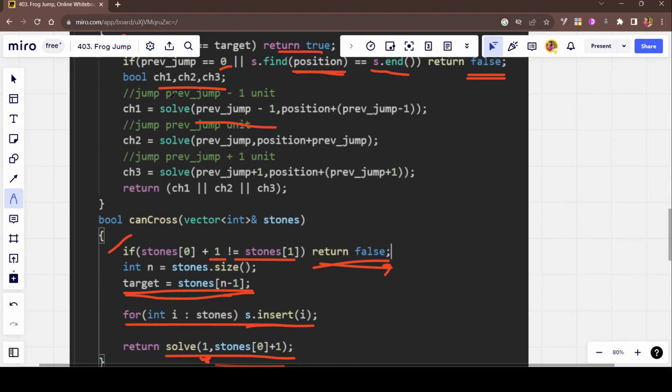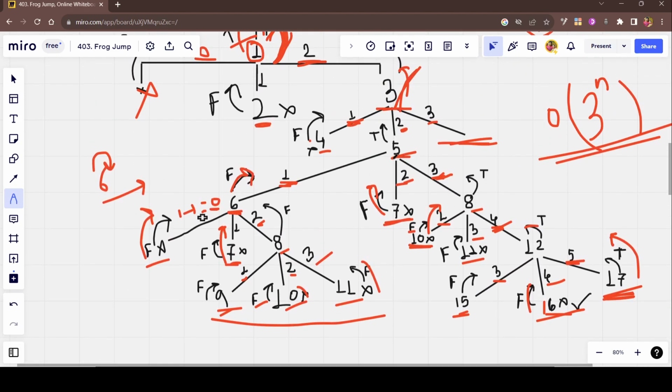Choice 2: jump the previous jump unit. So I jump the same units as before and I am now on position plus previous jump. You are on 5 and previously you jumped 2 units, so again you can jump 2 units, so you are on 5 plus 2, 7.